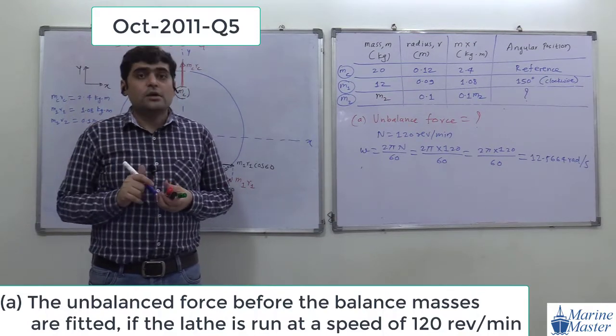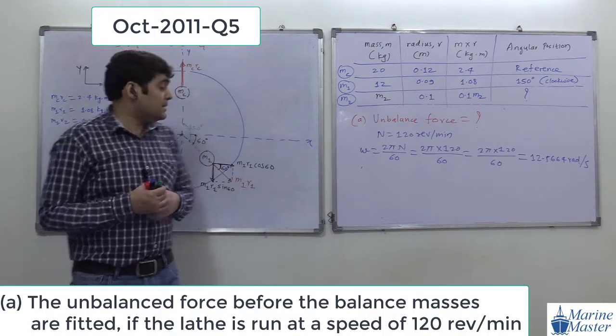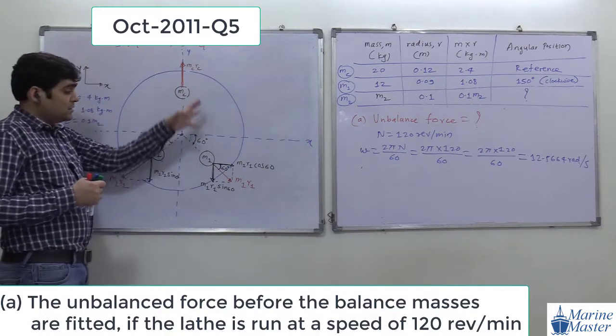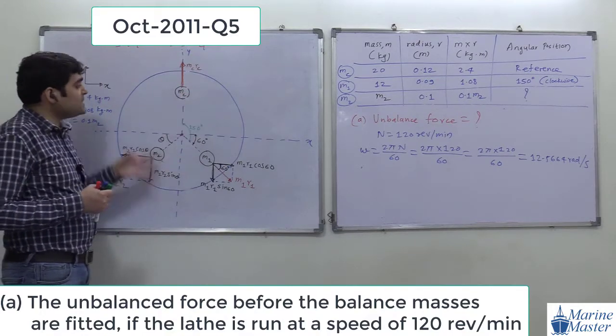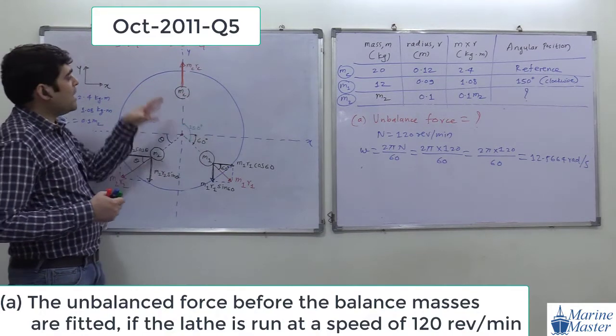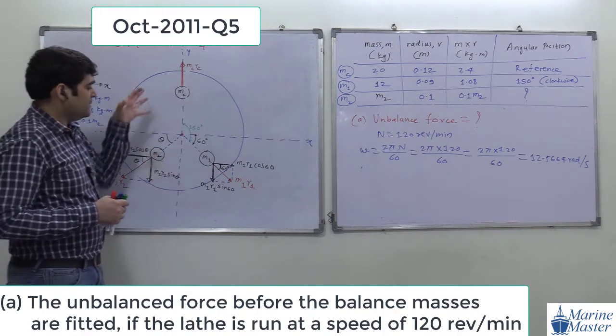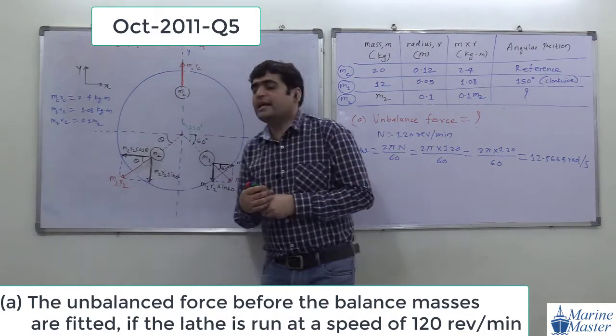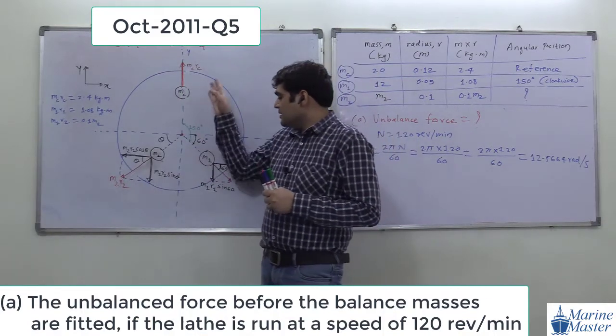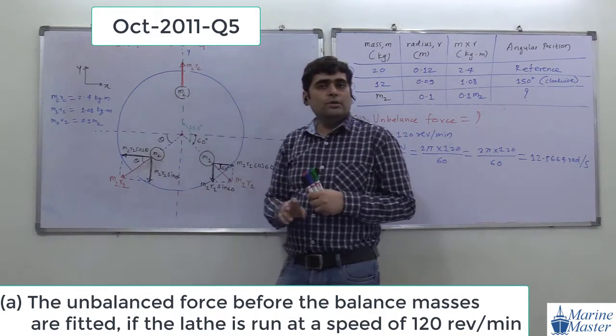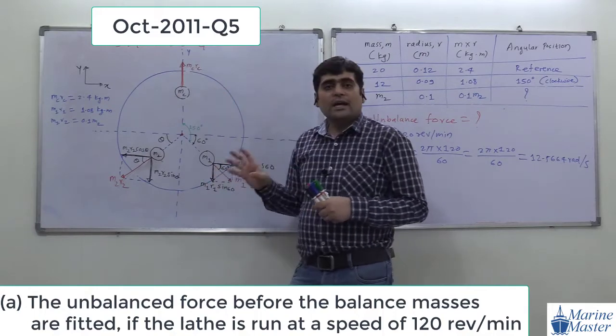Casting. Due to these three masses, our system is in balanced situation. So the unbalanced force is created only by the casting, because after adding the balanced masses M1 and M2, the system is in balanced situation.